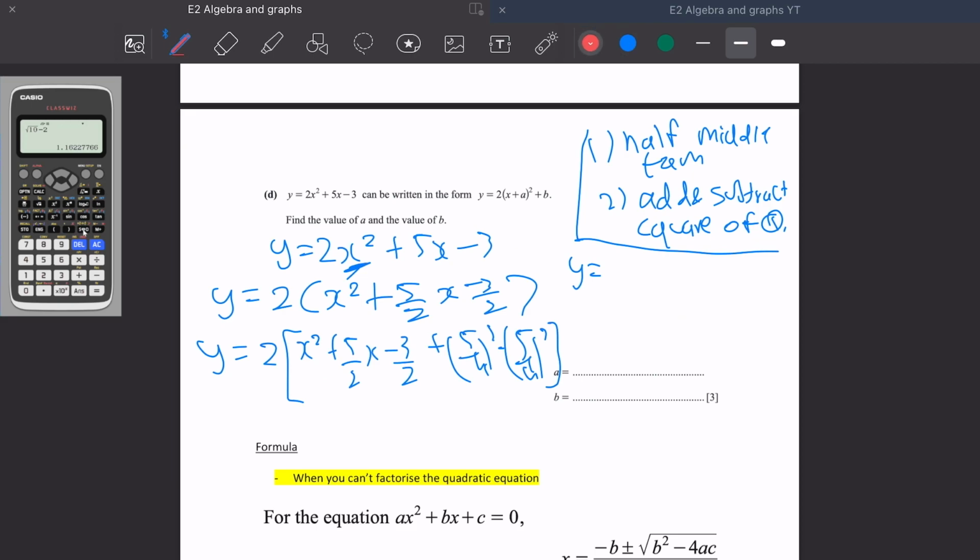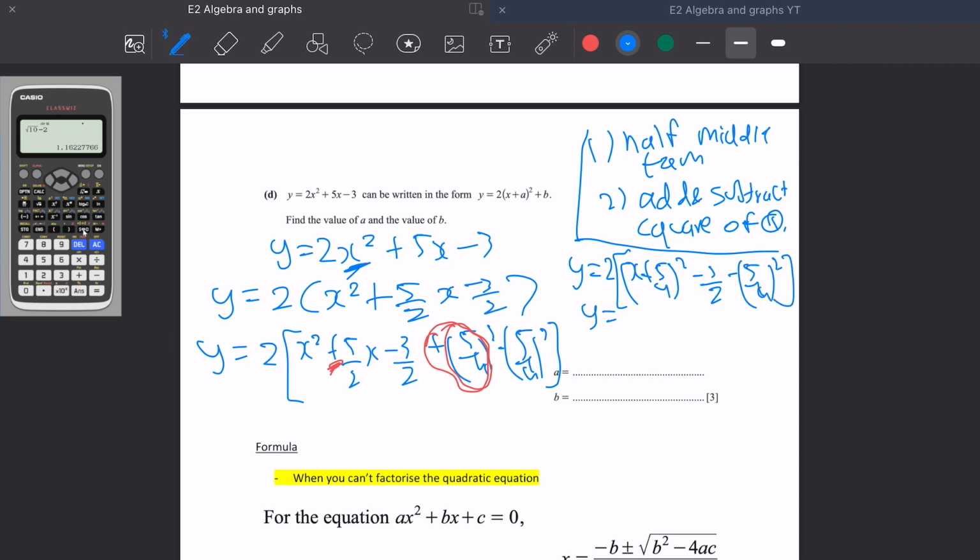See the signs here. This is positive, so you take this sign and this is the value, the positive value. So this becomes 2 into x plus 5 by 4 square minus 3 by 2 minus 5 by 4 square.